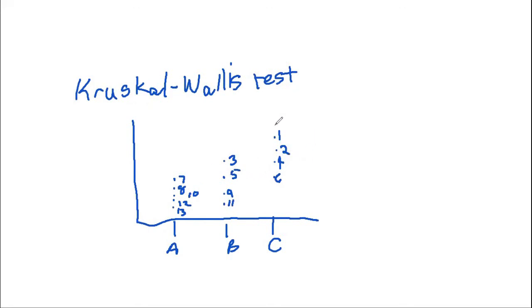And what you would expect is if one group is different, again, the null for the Kruskal-Wallis is that the ranks of any group are not different, and the alternative is that these ranks are not equal.